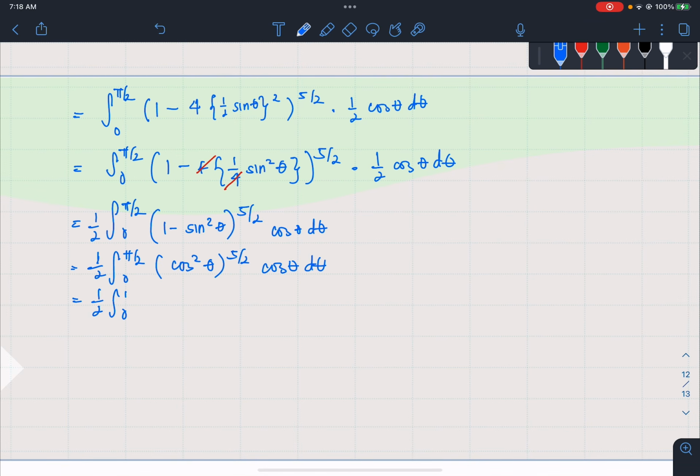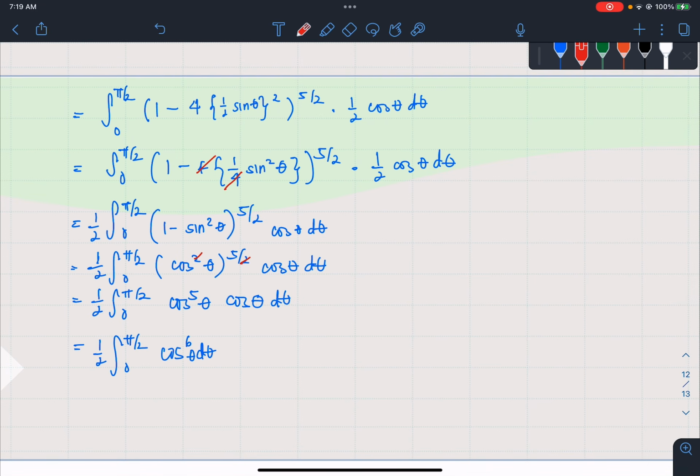So cosine squared, then raised to 5 over 2, so the 2 and 2 will be cancelled out. I'll just have cosine to the 5th theta times cosine theta d theta. So now that will be 1 half, 0 to pi over 2, cosine to the 6th theta d theta.